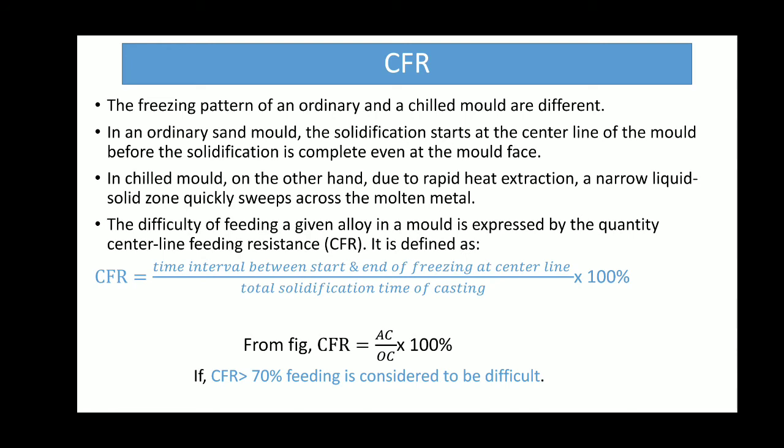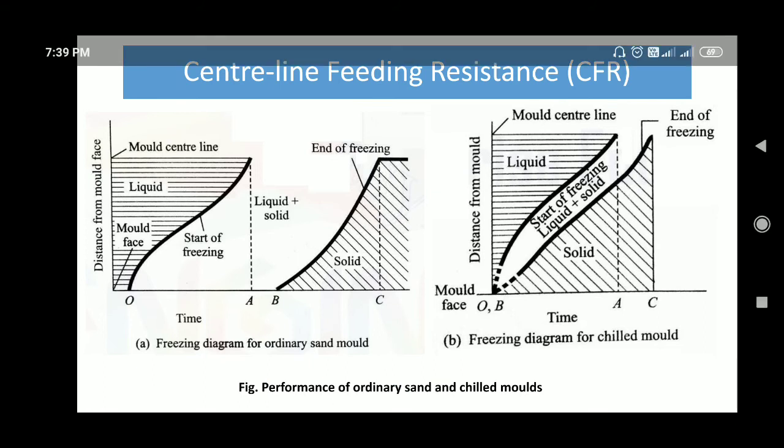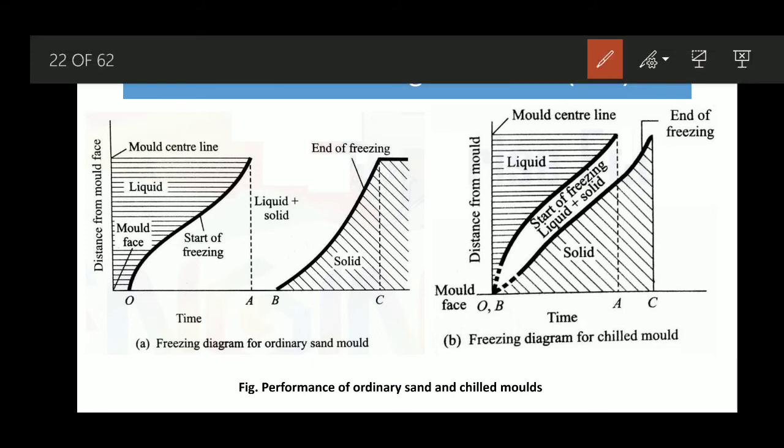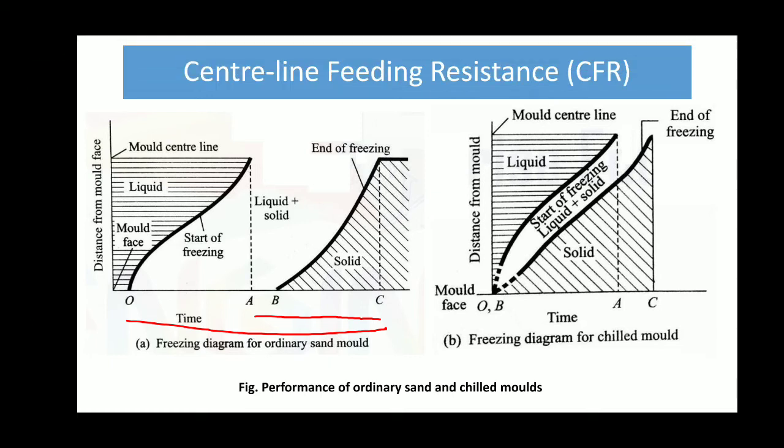CFR equals the time interval between start and end of freezing at the center line, divided by the total solidification time of the casting, multiplied by 100%. In the previous figure, that is AC by OC. Multiplied by 100%, this gives you the CFR.